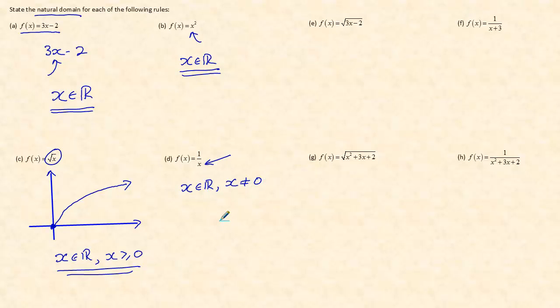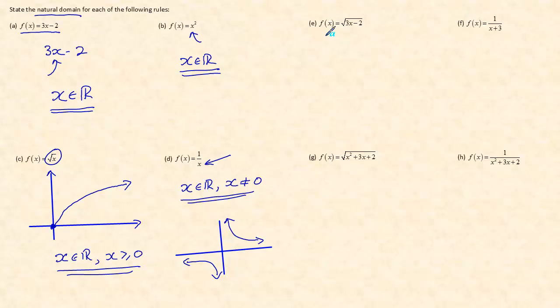If you think about 1 over x, and again it's a graph we know well, we have a vertical asymptote at 0. And that's because we cannot input x equals 0 into the function.